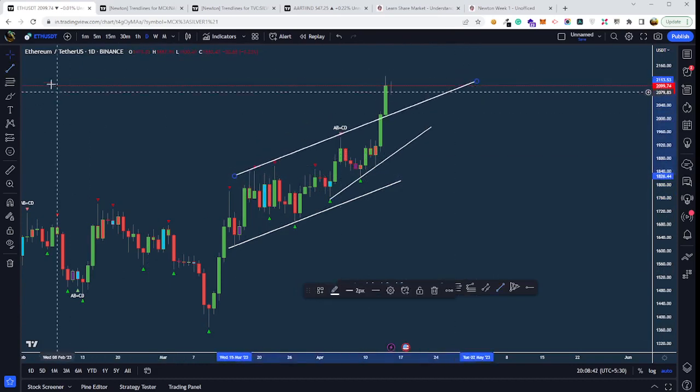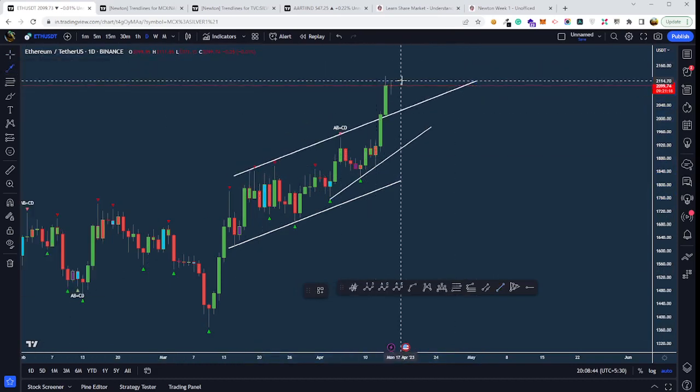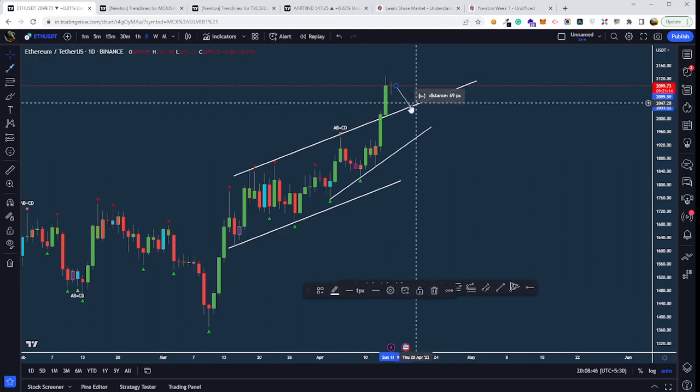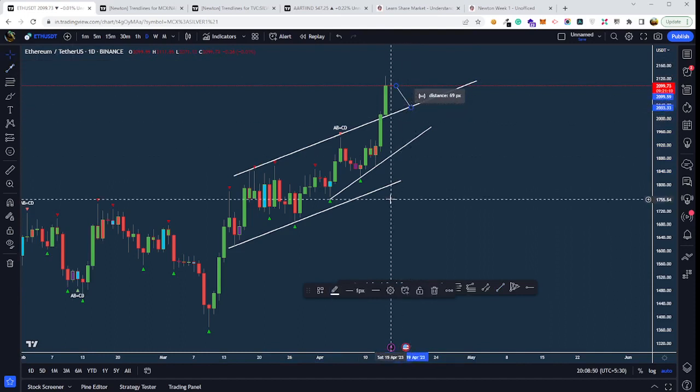Now what I assume is that when it retraces like this, it can make some kind of support. Everything is assumptive and everything is what I am thinking can happen. But still, the market is entirely probability, right? So these are the things you can rely on to make some probabilistic decisions.